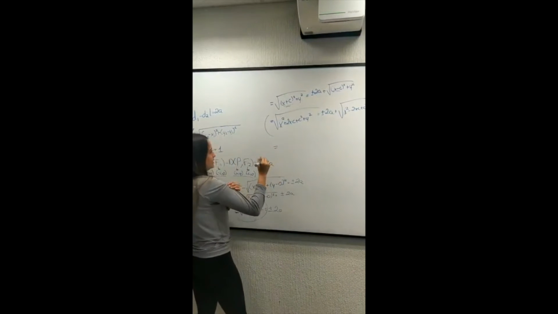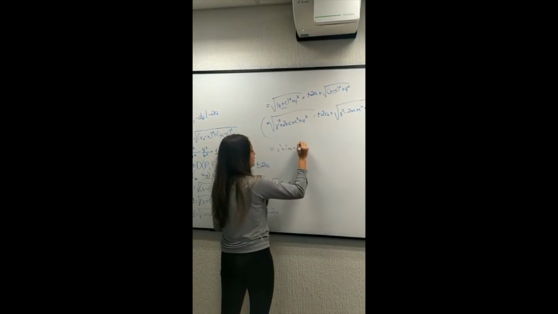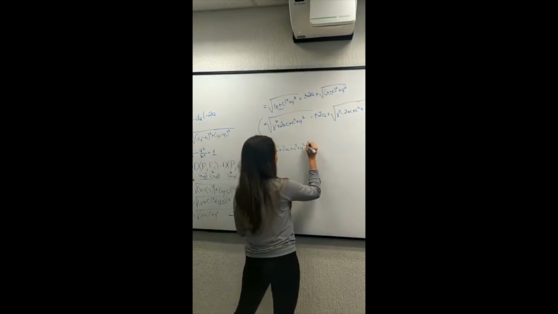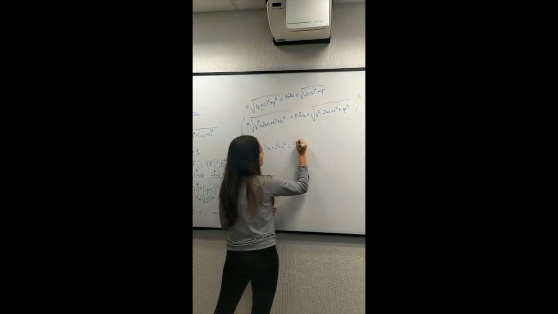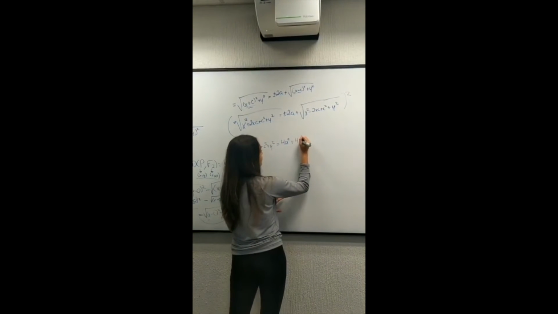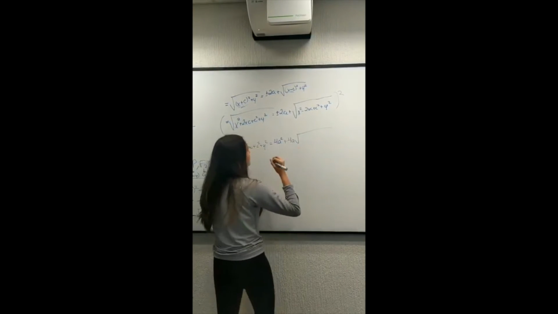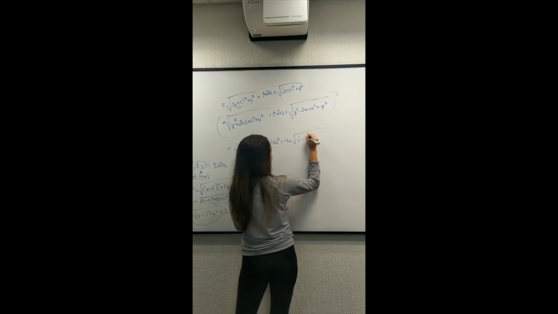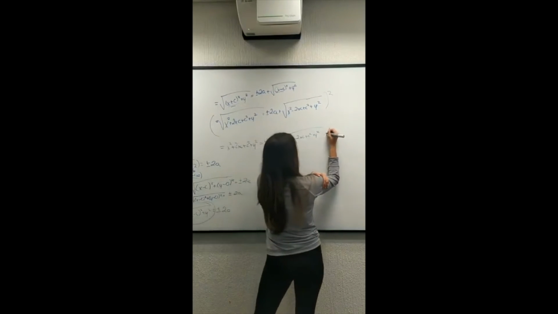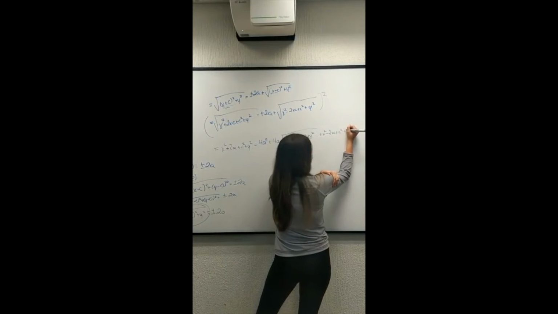So it's going to be x squared plus 2xc plus c squared plus y squared, because we remove this square root. It's equal to 4a squared plus 4a times the square root of x squared minus 2xc plus c squared plus y squared, plus x squared minus 2xc plus c squared plus y squared.